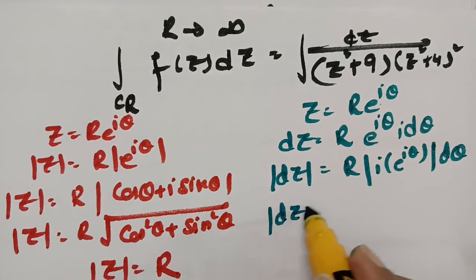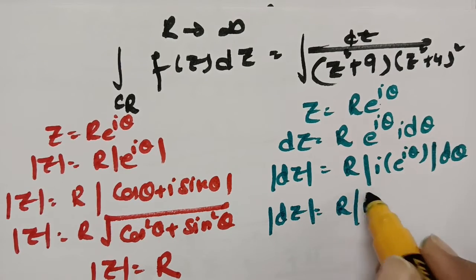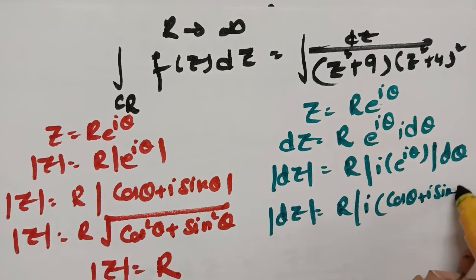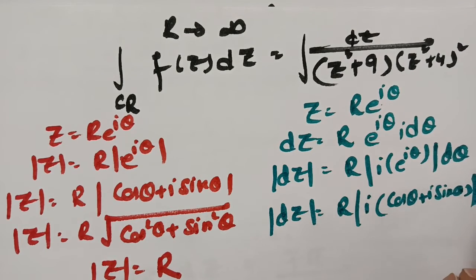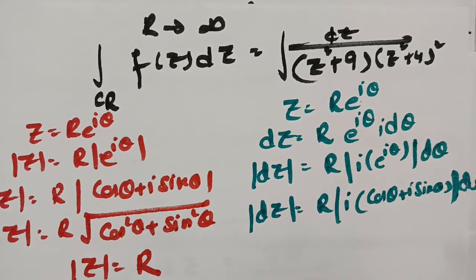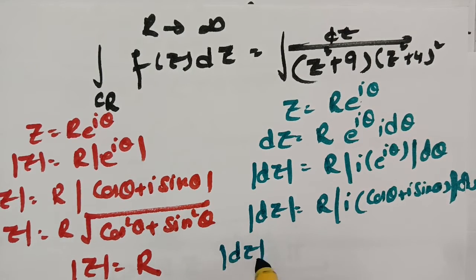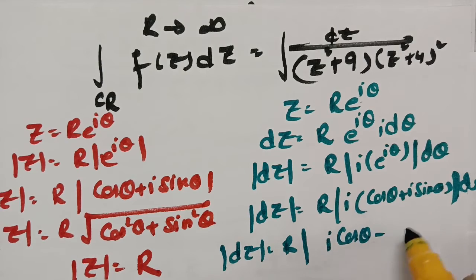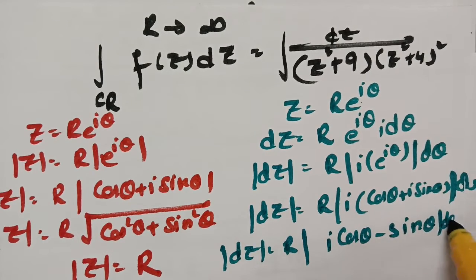So mod dz value is equal to r times of i into e power i theta, which is cos theta plus i sin theta, into d theta. Clear? If I take modulus, r times of, if I send i inside, that is i cos theta minus sin theta into d theta.